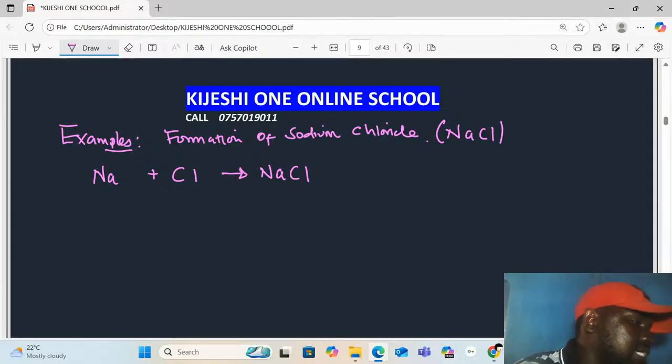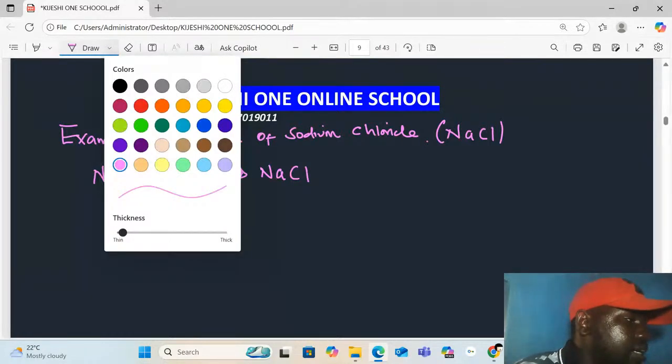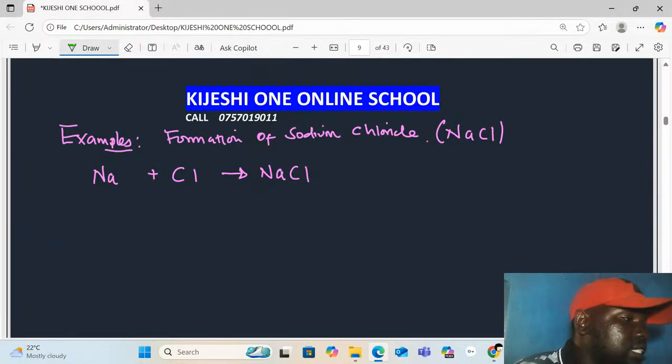We set them aside, but now we are focused on the product that is formed. Therefore, you need to draw the structure of sodium and the electron arrangement. Sodium has 3 energy levels because it has electronic configuration of 2.8.1.